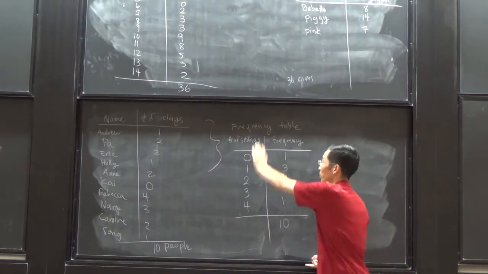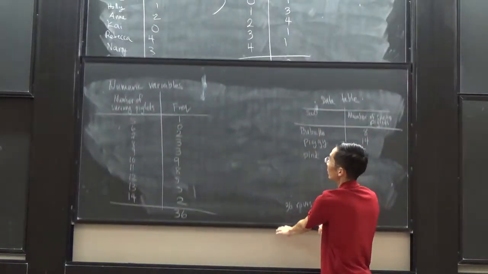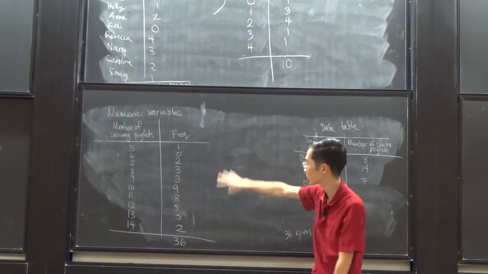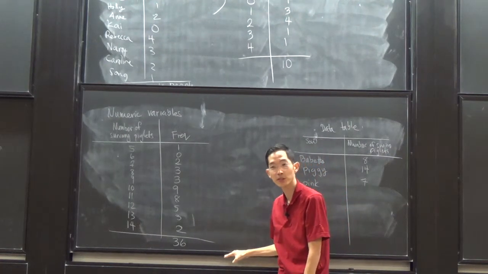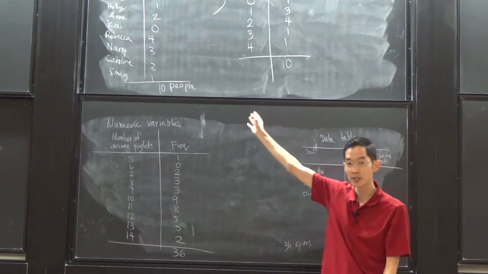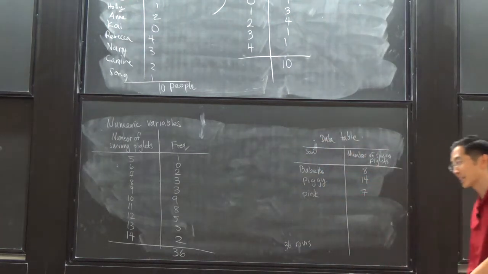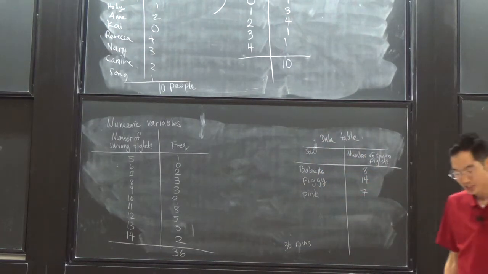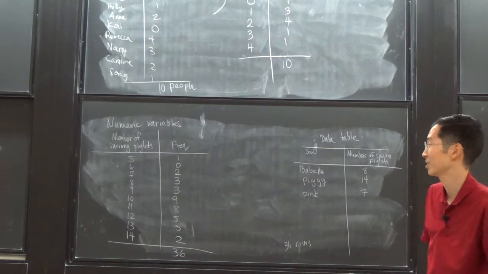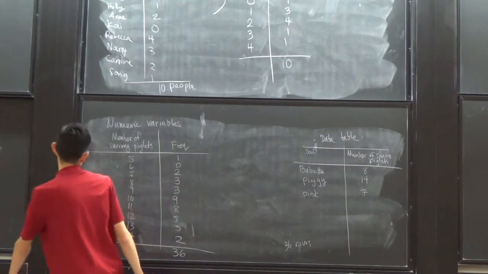So what we have over here is we don't have the raw data, but we just have the resulting frequency table. And I've got 36 sows represented here. You can just imagine a raw data table where I had 36 rows, and I counted how many piglets from a sow's litter survived up to 21 days.